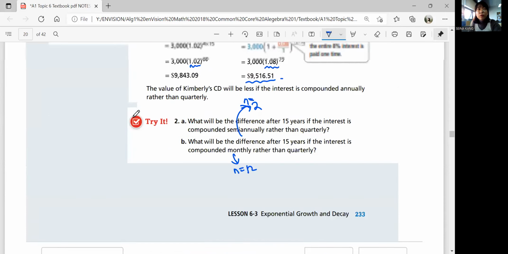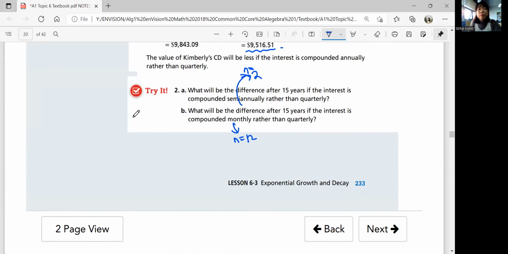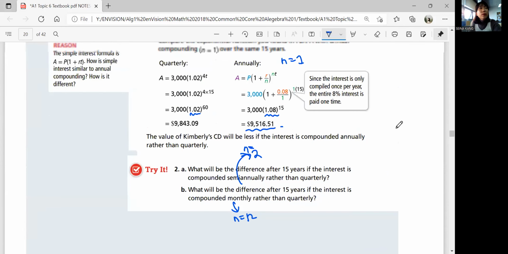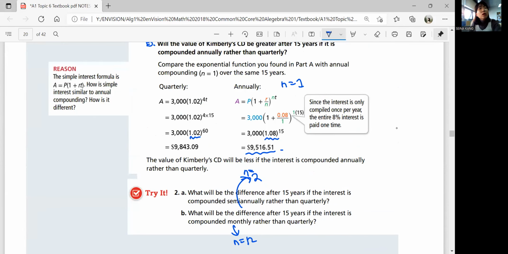Okay, are you ready? So part A, what's the difference after 15 years if the interest is compounded semi-annually rather than quarterly? We already know the quarterly amount after 15 years: 9,843.09. But if you have semi-annually, that means your equation is 3,000 times 0.08 divided by 2, to the power of 2t.